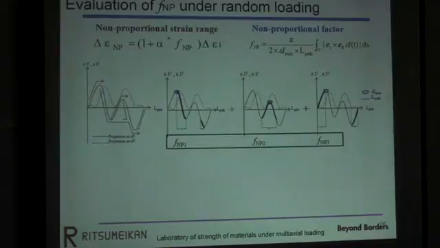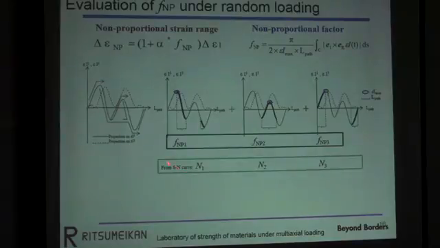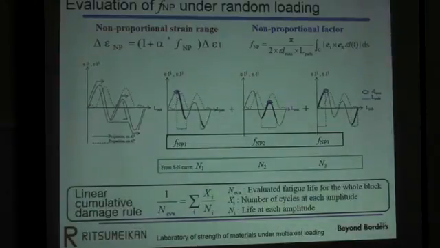After that, we obtain the failure life at each stress or strain amplitude using the S-N curve of the uniaxial tension-compression test. Of course, in that case, we use the GC equation and FLP. Finally, we use a damage model like linear cumulative damage rule, and we can obtain the failure life precisely.